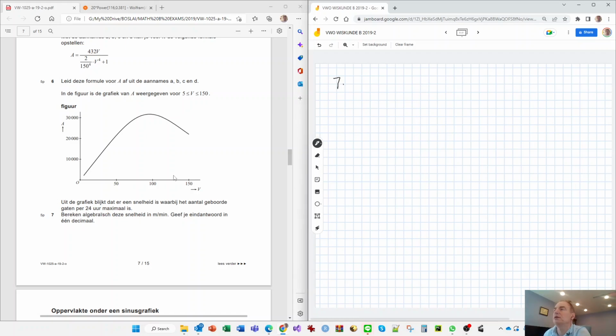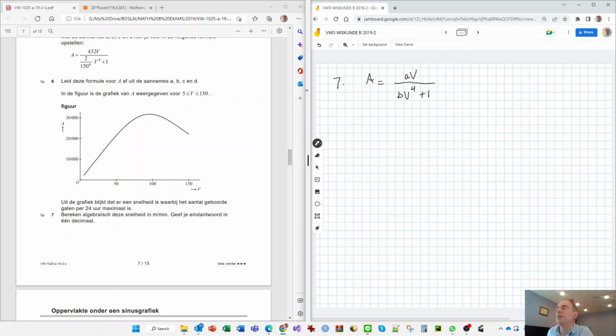It's a little bit messy. Let's first define these constants that are there, because you have to take the derivative of this, and it's a quotient of functions.